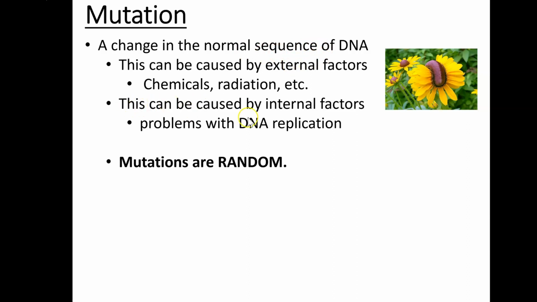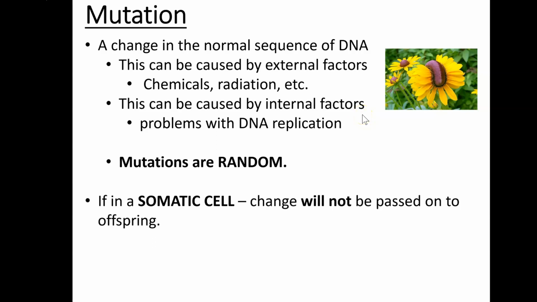They can also be brought about by internal factors, things that are happening within our cells, within the nucleus, for example, problems with DNA replication. So during the cell division process, during mitosis, for example, when those single-stranded chromosomes are being duplicated, sometimes they're not duplicated correctly, and that causes a mutation.